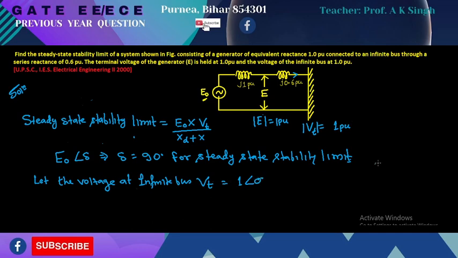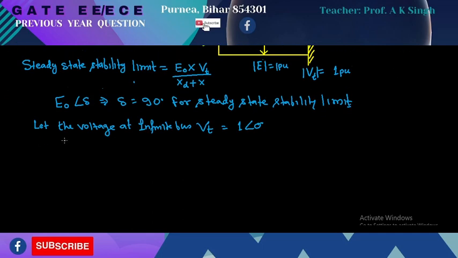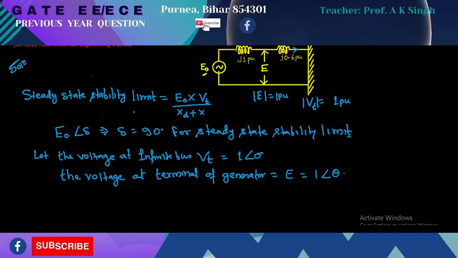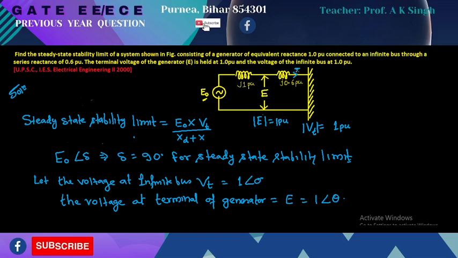This voltage is taken to be reference, and suppose the voltage at the terminal of the generator is equal to E having phase angle theta. So from the circuit we can find the current I by applying KVL.